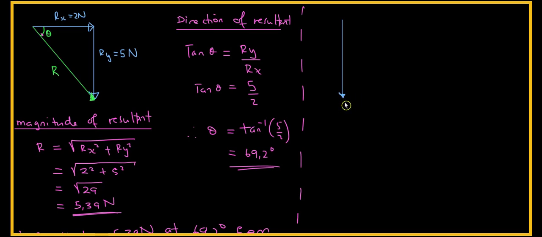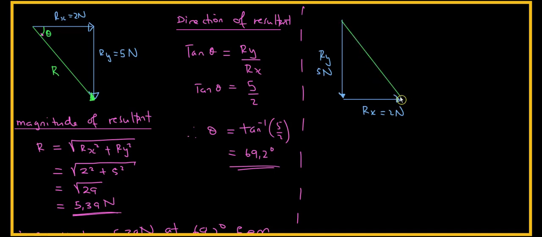And then from this head, I'll draw the other vector which is pointing to the right. So here's my Ry, here's my Rx. Rx is 2 newtons, Ry is 5 newtons. Then I would draw the resultant from the tail of the Ry to the head of the Rx.